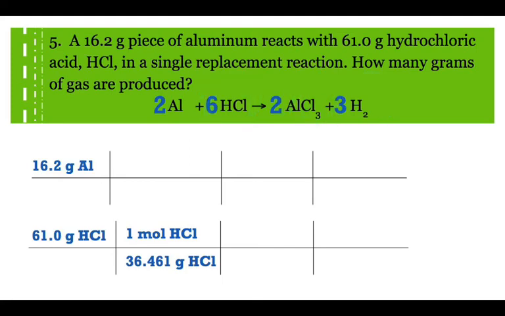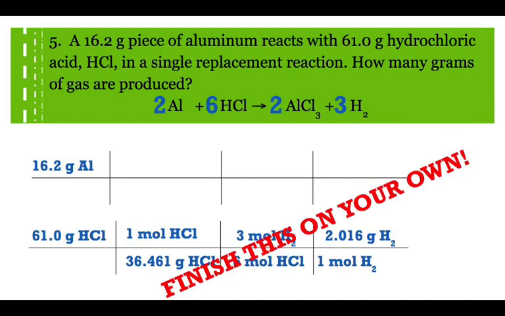So we're going to use that 6-to-3 ratio here, and that would get me moles of hydrogen, but I want grams of this gas. So I'm going to have to add up the molar mass of H2, which is just 2.016 grams. So this is where I'm going to tap out and leave you to finish this answer and set up and work out the aluminum problem on your own.